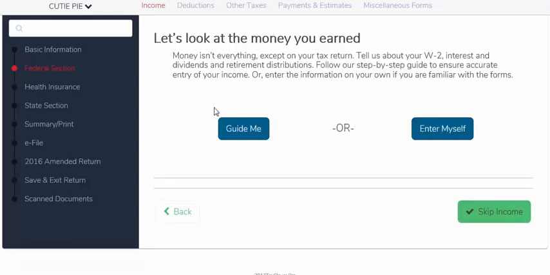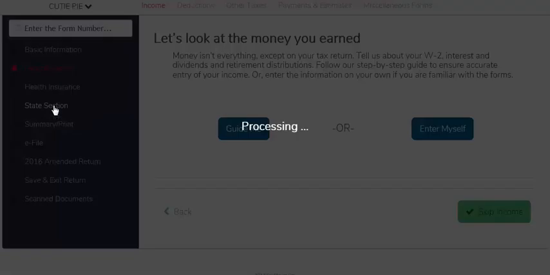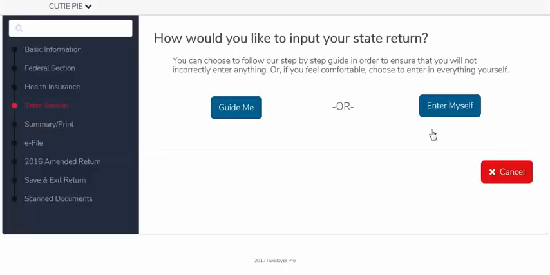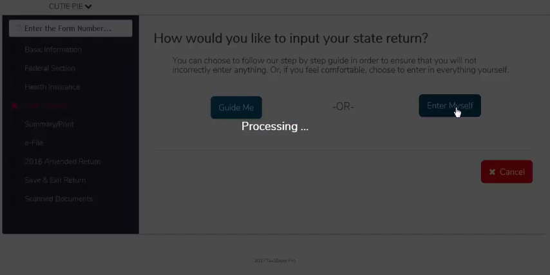And then we're going to go back into the state section. And we're going to edit. So we're going to choose Enter Myself.